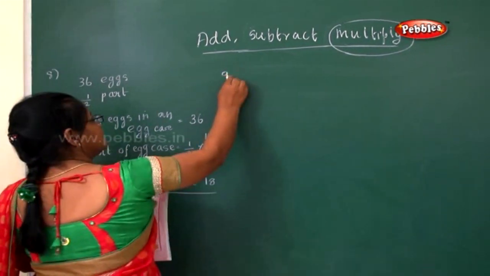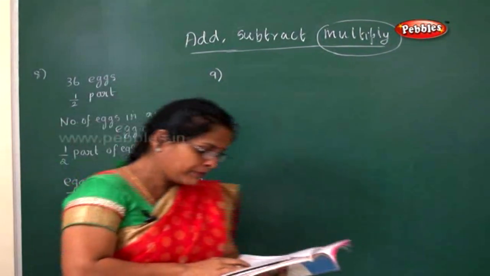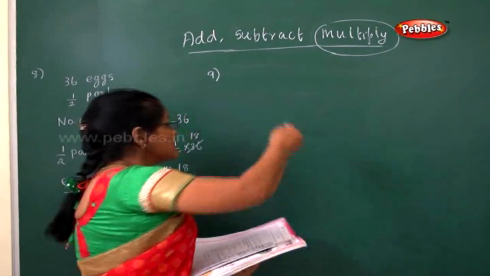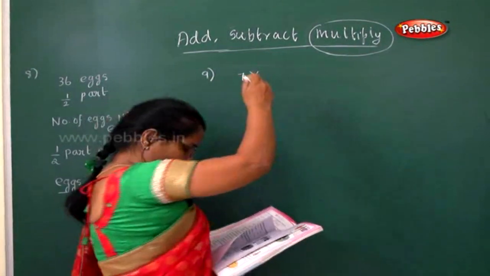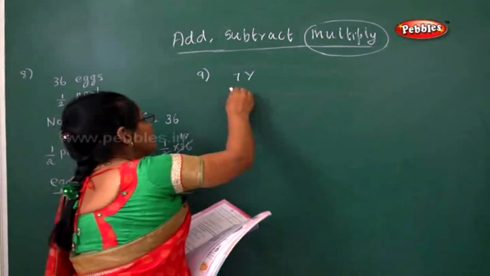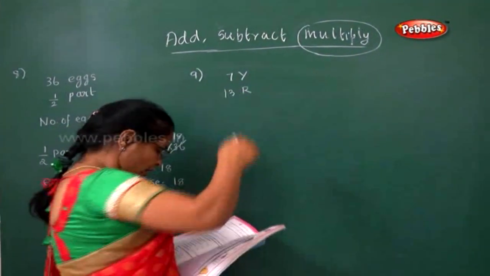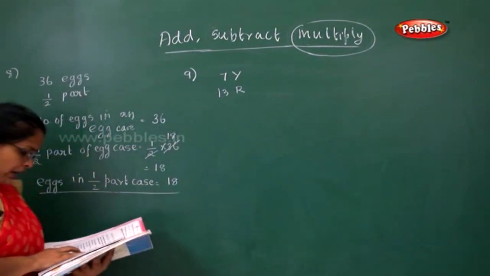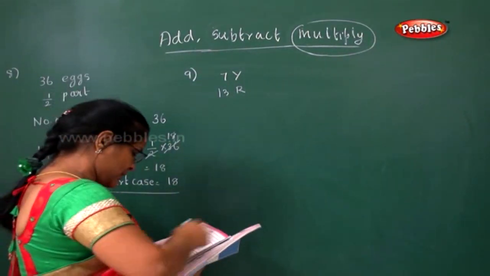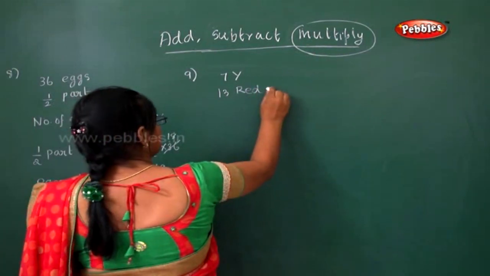Now the next sum is the ninth sum. In a flower bouquet, there are 7 yellow roses and 13 red roses.